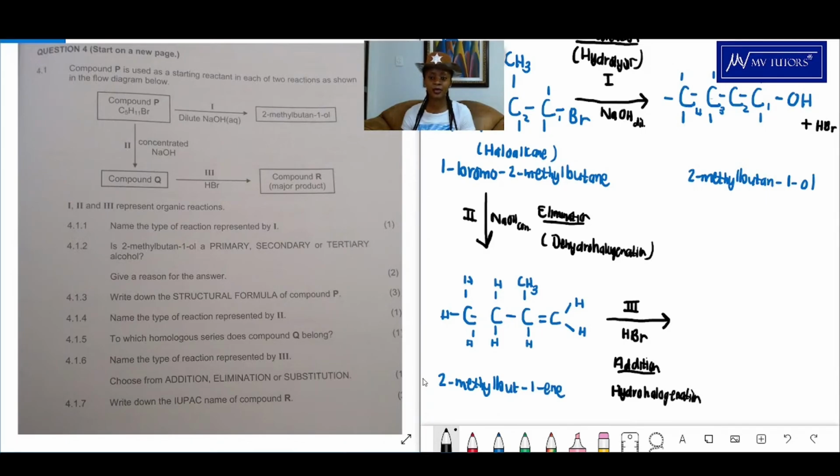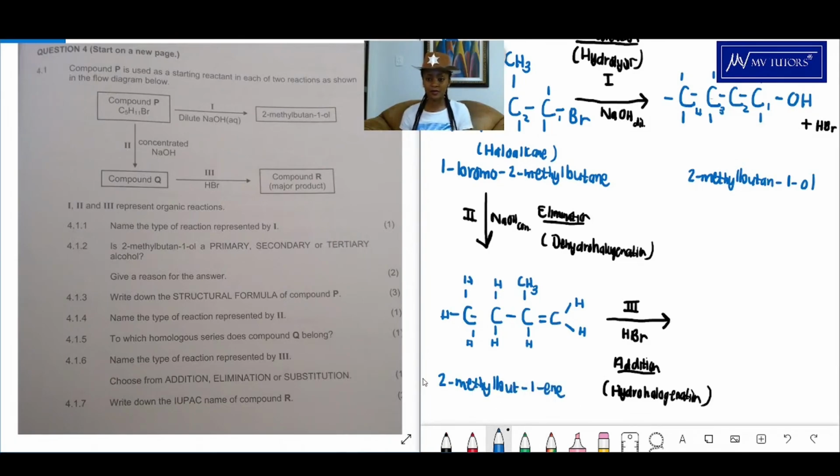And what would be our major product? Guys, there are rules. There's a rule called the Markovnikov rule, where, if you break apart a double bond, where would the bromine go? Where would the hydrogen go?